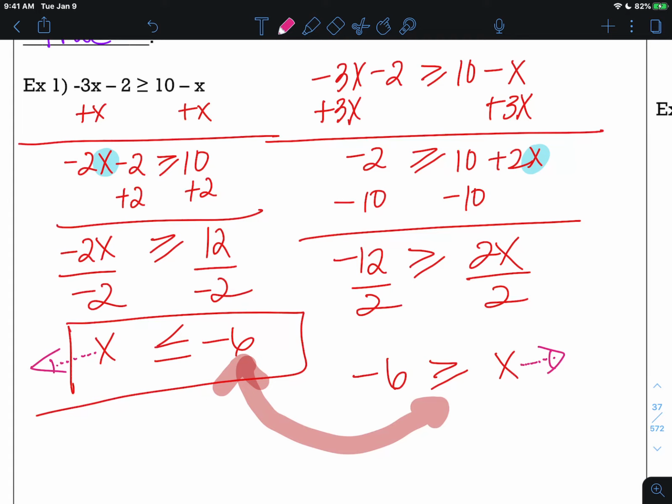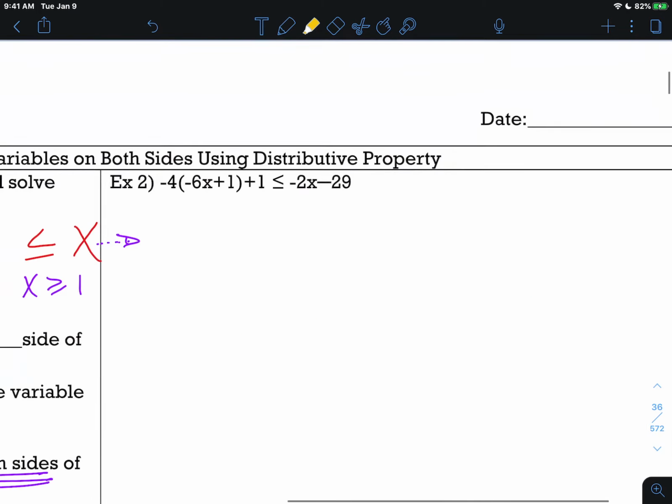Okay? So this confuses quite a few people. So I would highly suggest that you always do it in this format anytime you see an inequality. Always. It just makes your life that much easier. Okay? All right. So next one, example number 2.